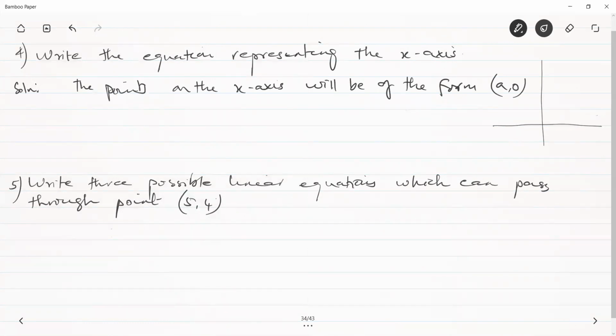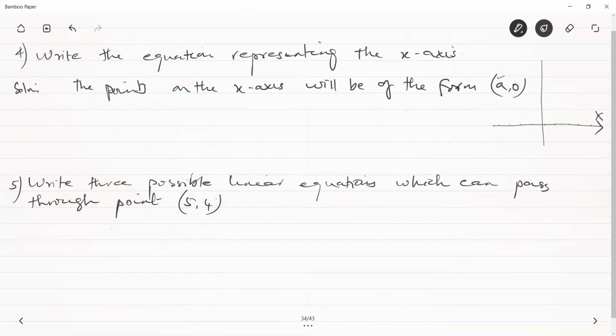Now suppose this is x-axis, no? There are infinite number of points on the x-axis, no? So I have taken an arbitrary number as a. And compulsorily your y coordinate should be 0, because the point is on the x-axis.